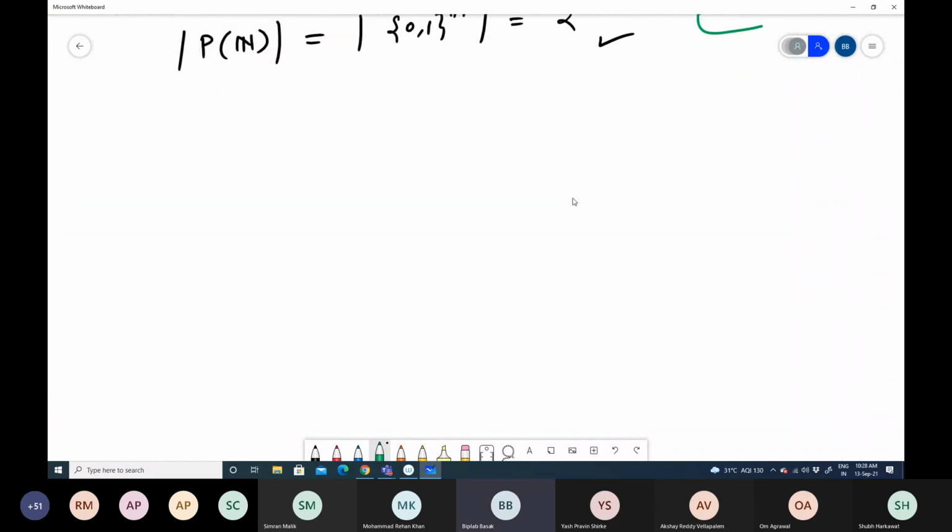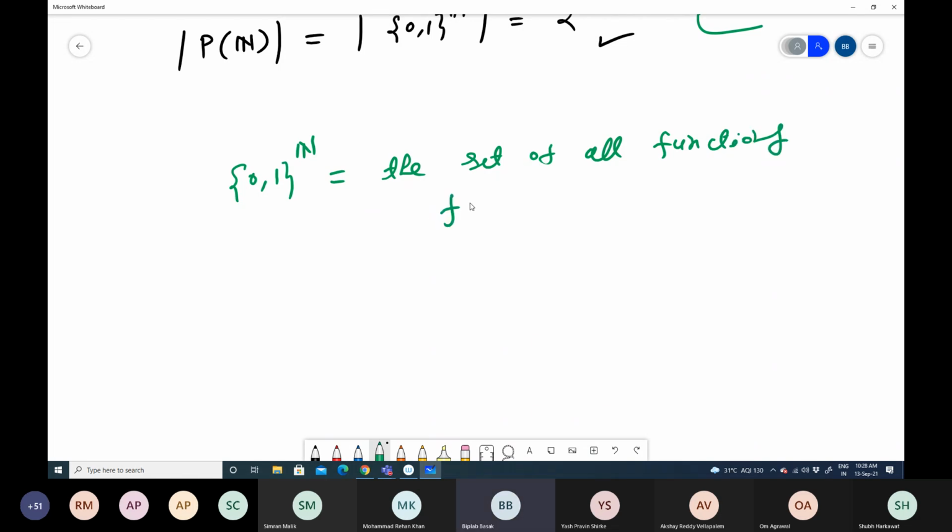Okay, forget about everything. First tell me, what are the elements of {0, 1} to the power N? What are the elements of this? This is the set of all functions f from the natural numbers to {0, 1}.